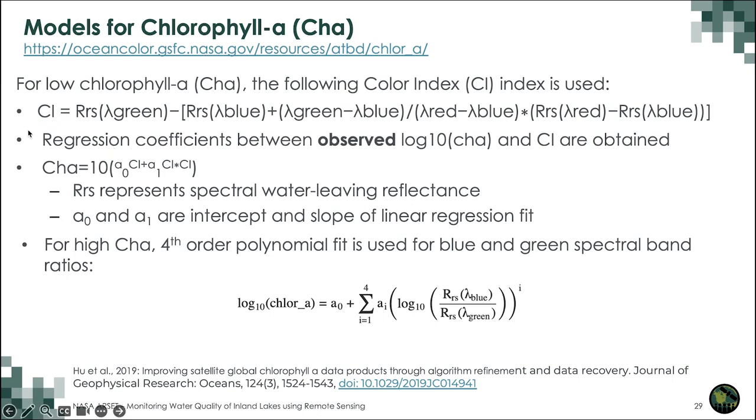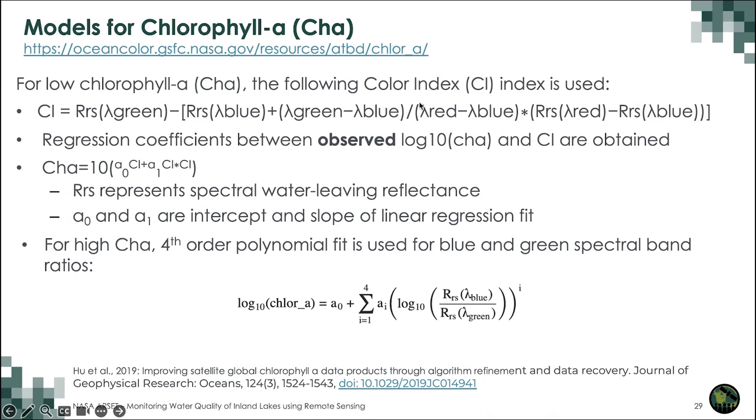So for chlorophyll A, we are going to use its color index or CI, and that is defined from surface reflectance in green, blue, and red: the wavelength difference in green and blue, and the reflectance difference between red and blue.